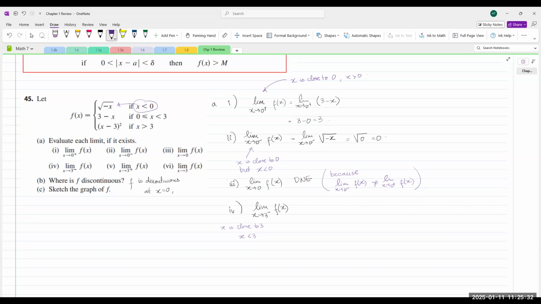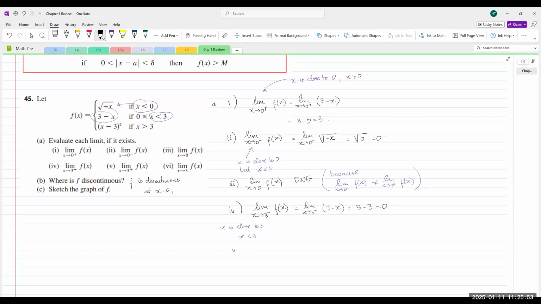Okay, x is less than 3, we will use this one. So this is the limit as x approaches 3 from the left hand side of 3 minus x. I can just plug in the number, that is 0.